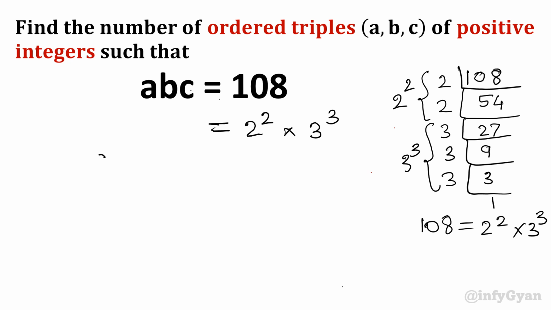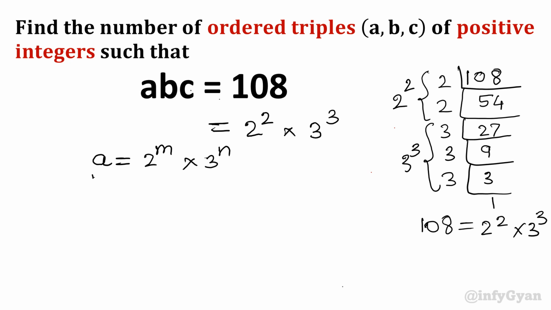So I will write A as 2 raised to the power m into 3 raised to the power n. I have taken A, B, C, the three factors of 108, in such a way that it maintains the same form as the factorization of 108.